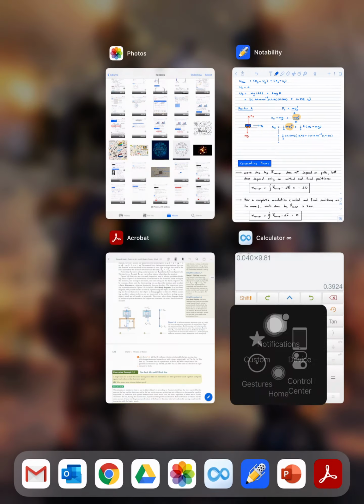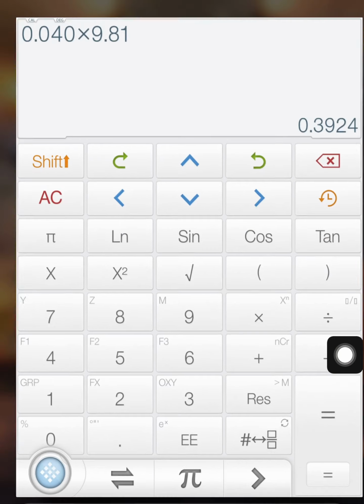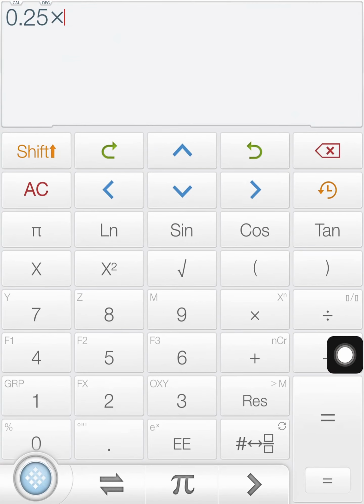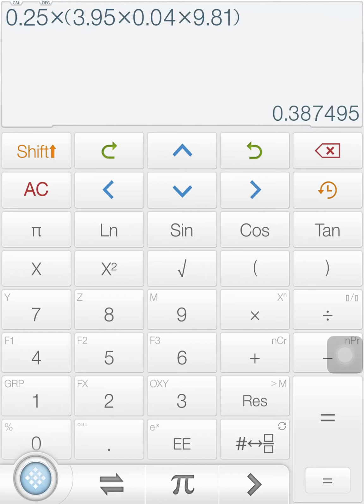Let me use the calculator. 0.25 times 3.95 times 0.04 times 9.81, 0.387. Wait, is that correct? Oops, sorry, my bad. This must be a minus sign. 0.889.